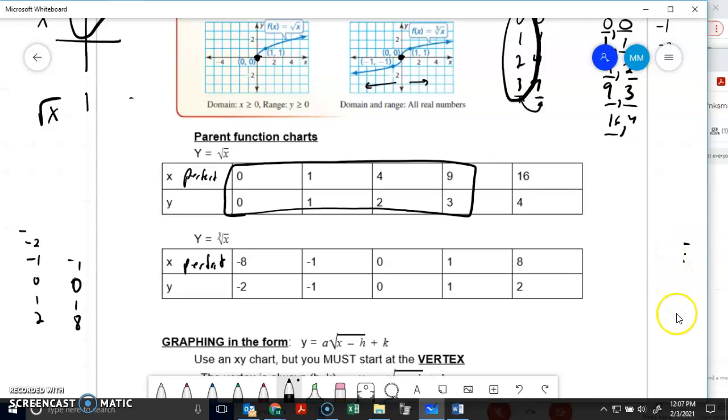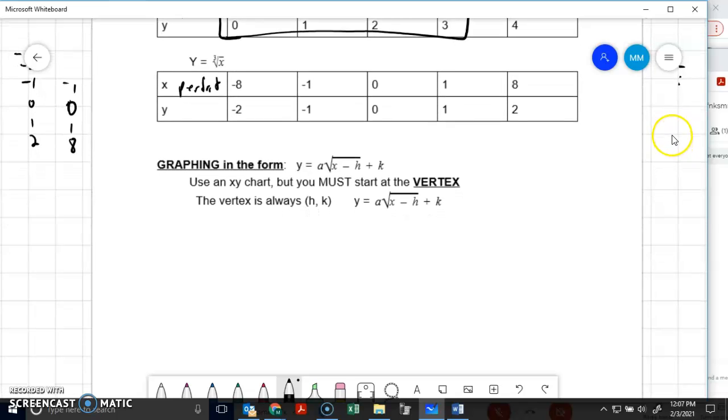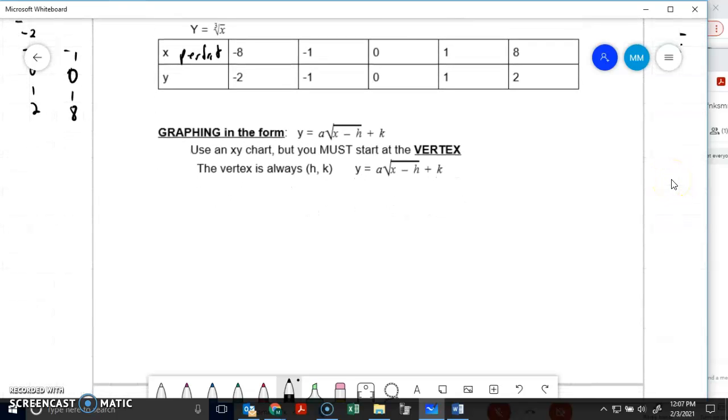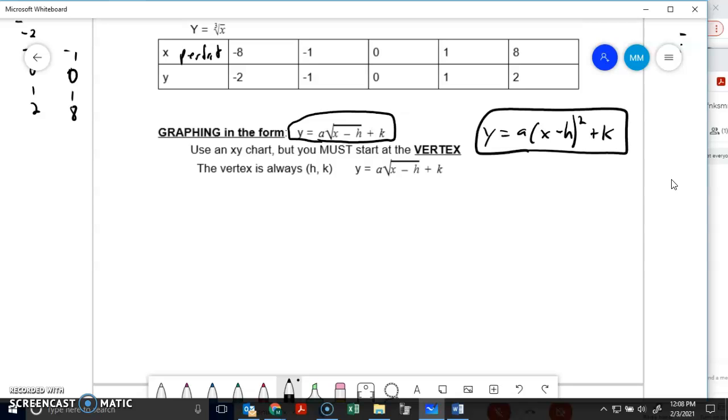All right, so how are we going to graph? Now, we're going to deal with transformations. But for now, we need to look at these in terms of the vertex. We've seen this before. In fact, we saw this in terms of x minus h squared plus k when we did these with quadratics. Well, it's no longer squared. It's now the square root.